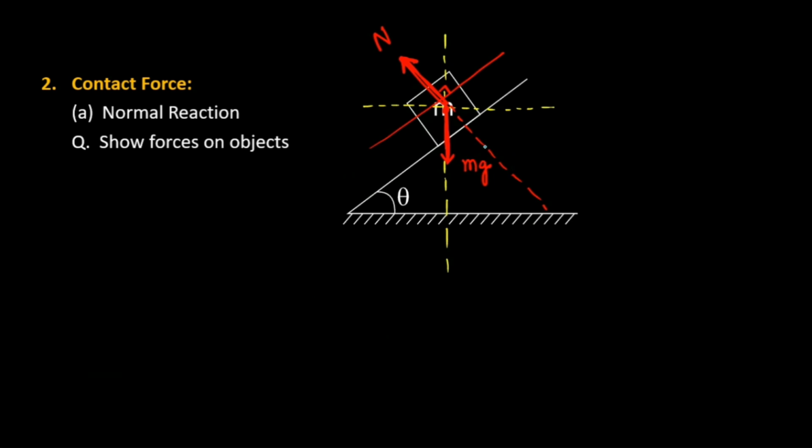So can we find a component of this weight acting in the opposite direction of normal, along this red line? We can try it out. This is angle theta, so this angle is going to be 90 degrees, and this angle is automatically going to be 90 minus theta. So I can write this as theta. Does it make sense?